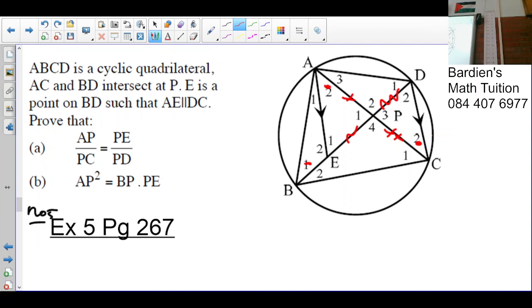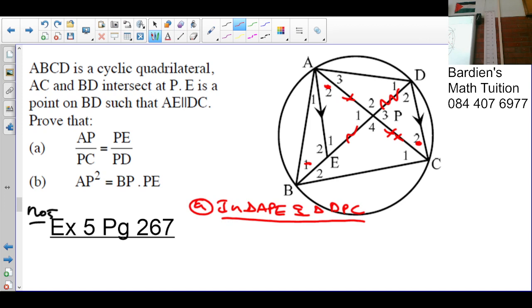Can you see the triangles we're going to work in? Which triangles are you going to work in? In triangle APE and triangle DPC.